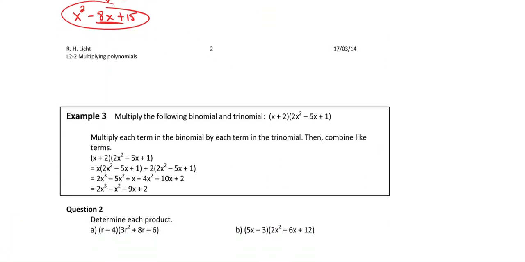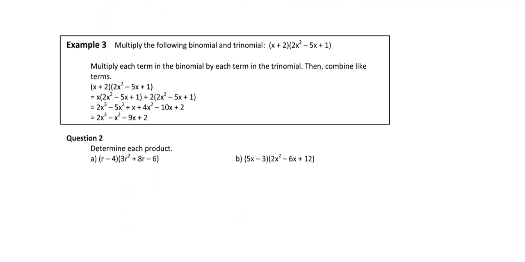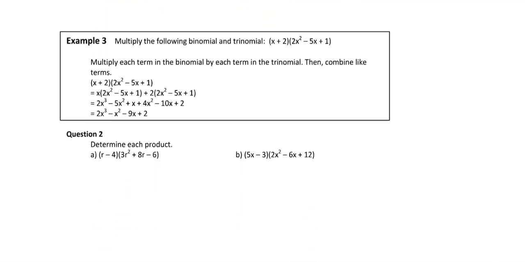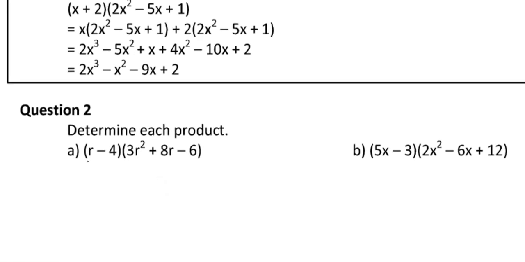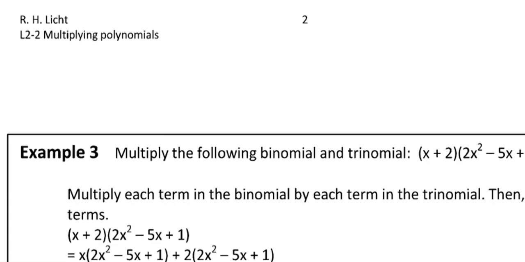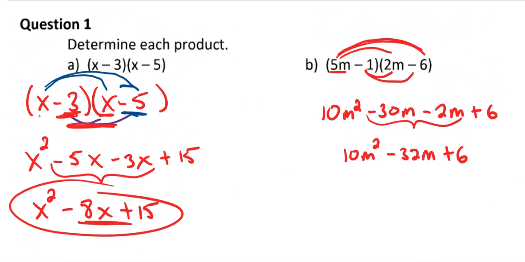All right, so now changed up a little bit. It's really no different. It's just going to be more steps now. So now what we have going on is we have a binomial, right, 2 terms, times a trinomial, so 3 terms. It doesn't really change much at all other than now. So last time we went this x had to be multiplied by both of those.